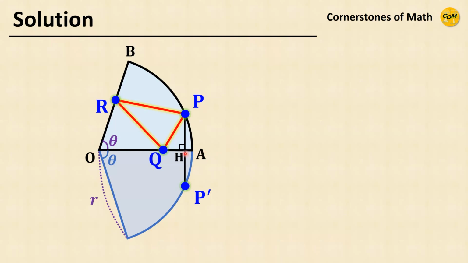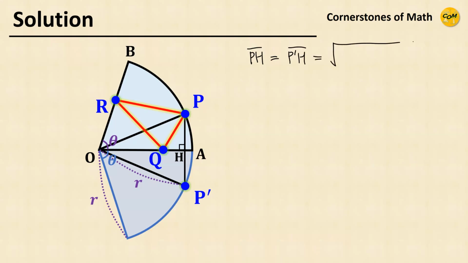You can find this point by drawing a perpendicular line PH and finding the intersection point between this line and the arc of the new sector. If we draw additional radii like this, then by the Pythagorean theorem, you can easily notice that length PH and length P'H are both given as square root of r squared minus length OH squared.